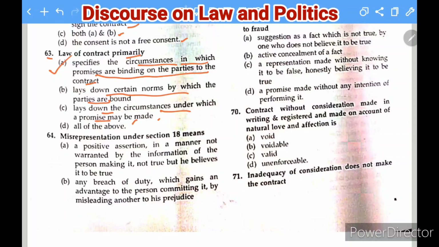Moving to the next question, question number 64 here. Misrepresentation under section 18 means a positive assertion in a manner not warranted by the information of the person making it, not true, but he believes it to be true. Moving to the next, any breach of duty which gains an advantage to the person committing it by misleading another to his prejudice.